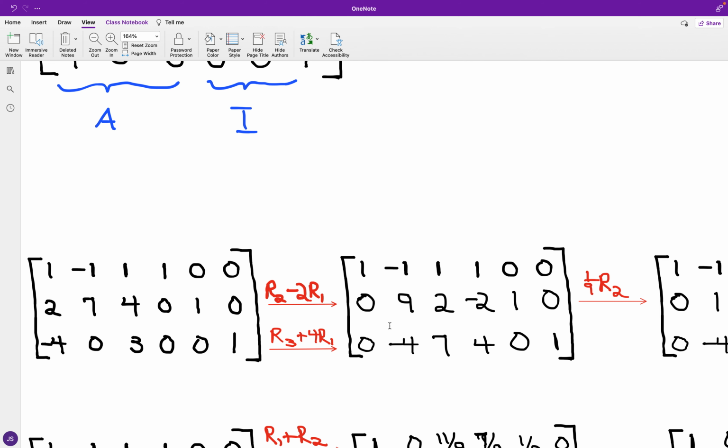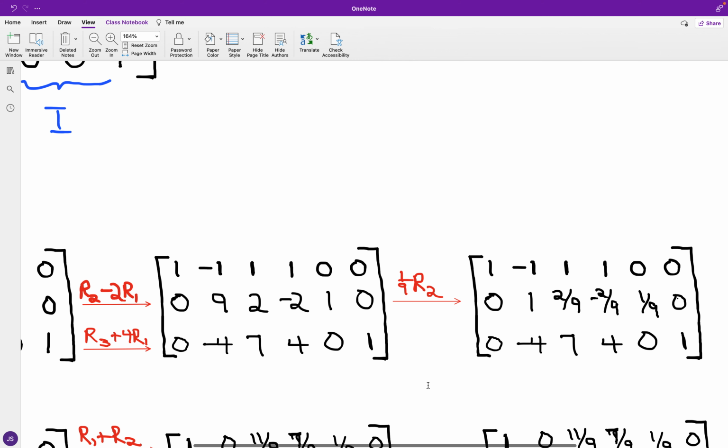Upon doing this, the second row is going to transform to 0, 9, 2, negative 2, 1, 0. The last row is transformed to 0, negative 4, 7, 4, 0, and 1. So the first column is 1, 0, 0, and I want the next column to be 0, 1, and 0. I can change the 9 to a 1 by dividing by 9 or simply multiplying by the fraction 1/9, leaving the top and bottom rows as they are.